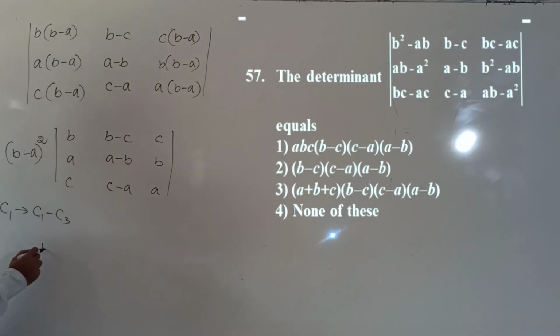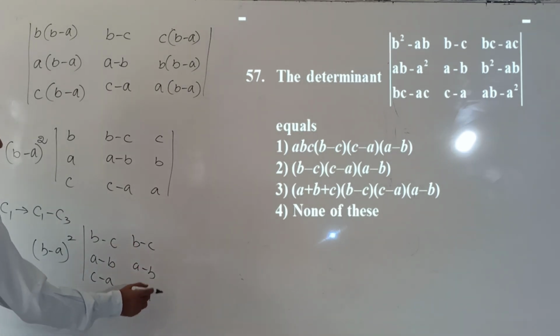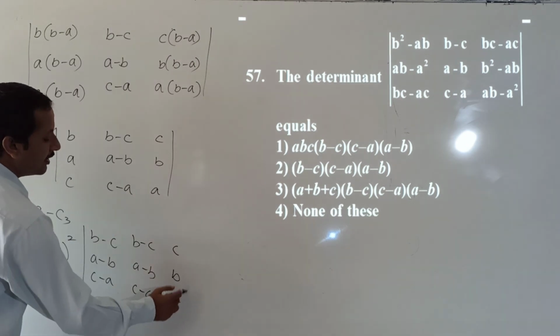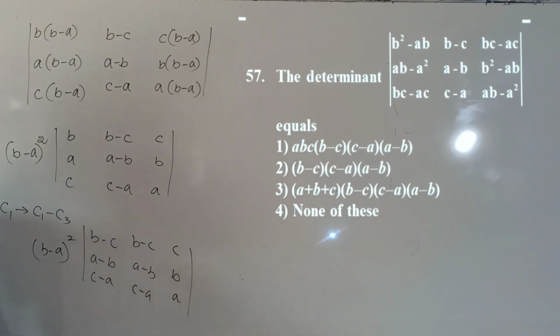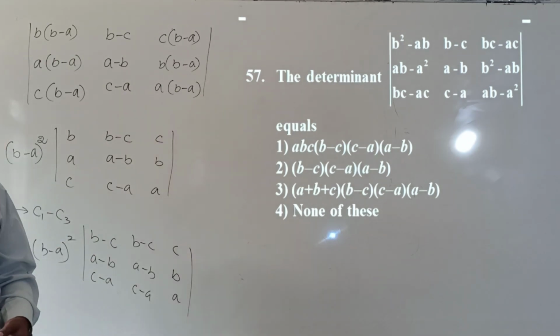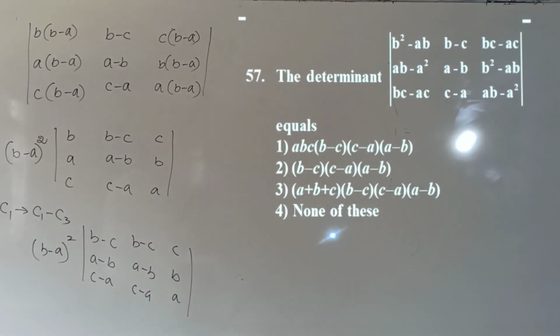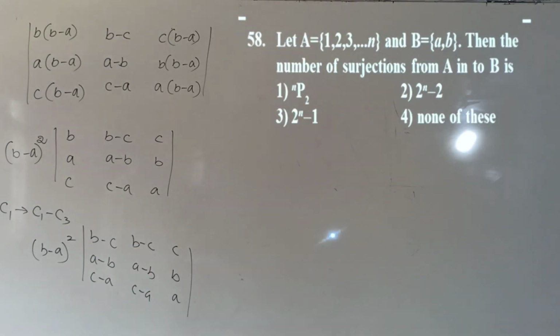If I change c1 as c1 minus c3, let's see what happens. We have b minus c, a minus b, c minus a. Here we have b minus c, a minus b, c minus a. You can see that two columns are identical. When two rows or two columns are identical, the value of that determinant is 0. Okay, so 0 is not there in the options. Hence, the fourth option is the correct answer.